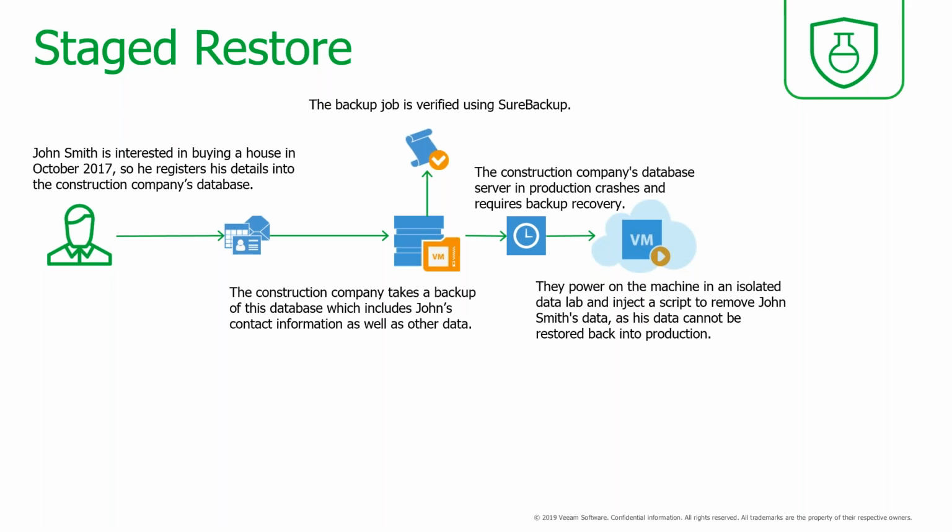It's going to mount the server, mount the database, and these scripts are things that your DBAs probably already have, or that can be easily created to pull out that information, because you're not going to be pulling out just one name. In this case we're talking about one name, but depending on the size of the company, you could be pulling out thousands of names. And again, each one not caught is a hefty fine, so you want to make sure that is caught.